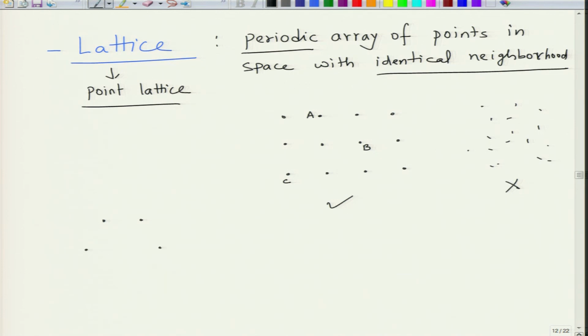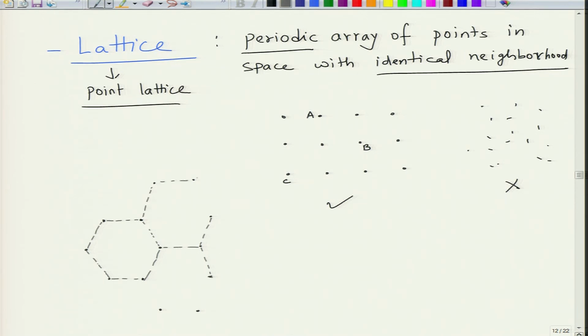For example, if I make this arrangement here, and just go down one more point here and another point here.